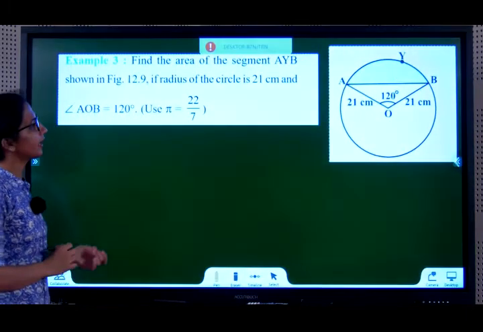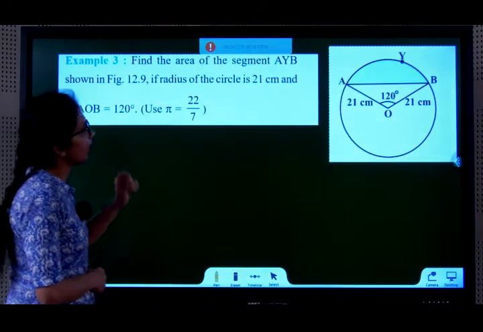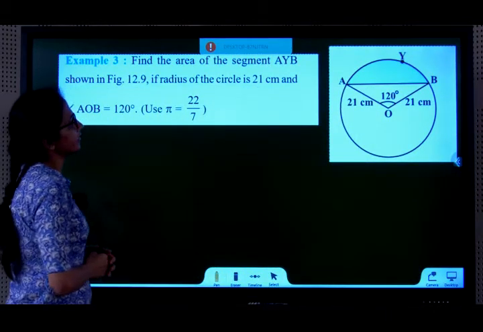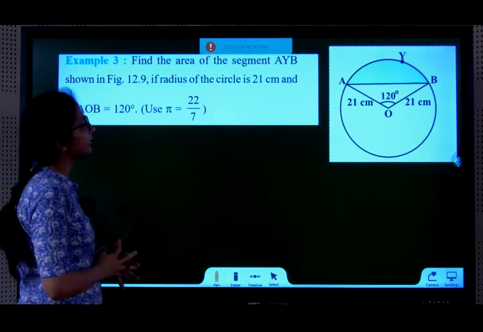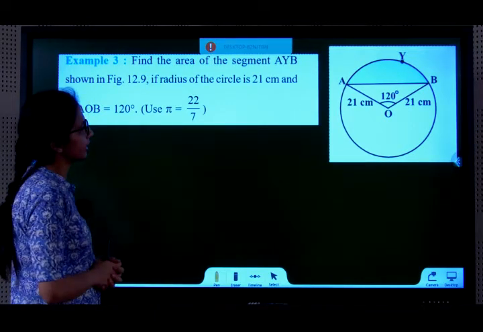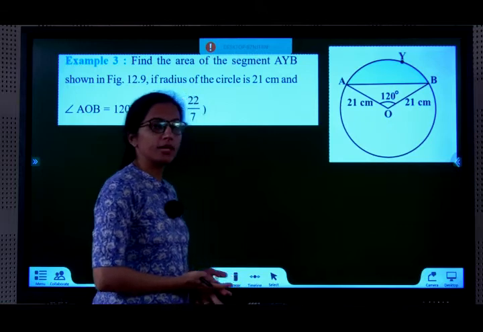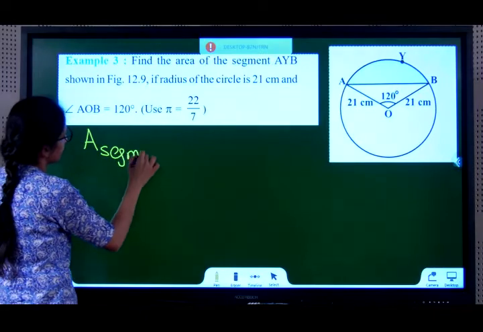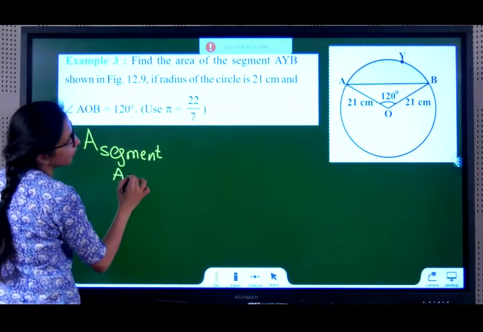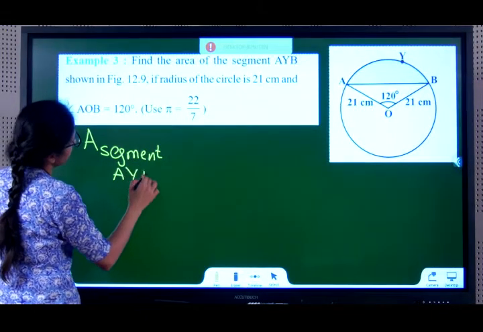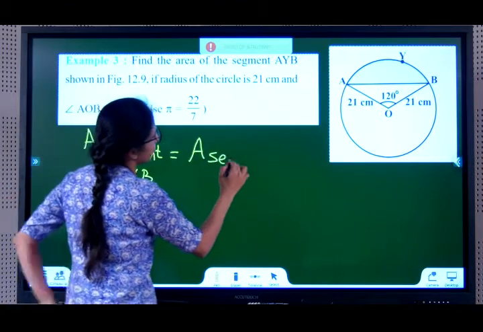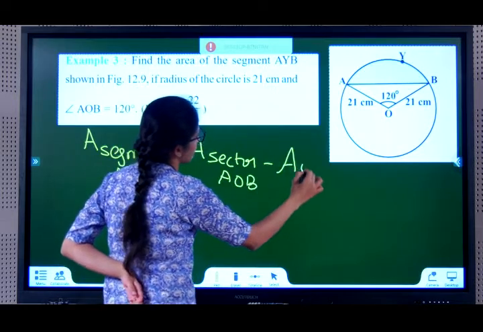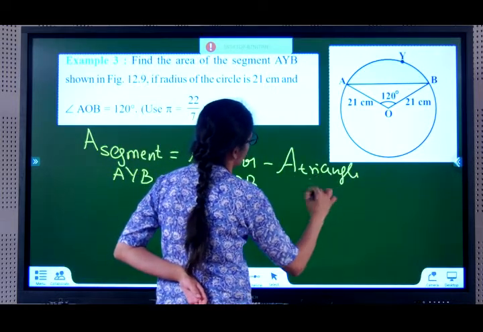Example 3. Find the area of the segment AYB, this part, shown in the figure, if the radius of the circle is 21 centimeters and the angle AOB is 120 degrees. The area of the segment formula is area of sector minus area of triangle AOB.